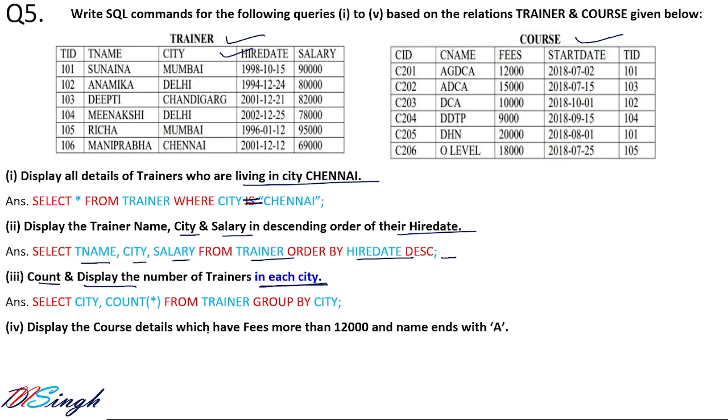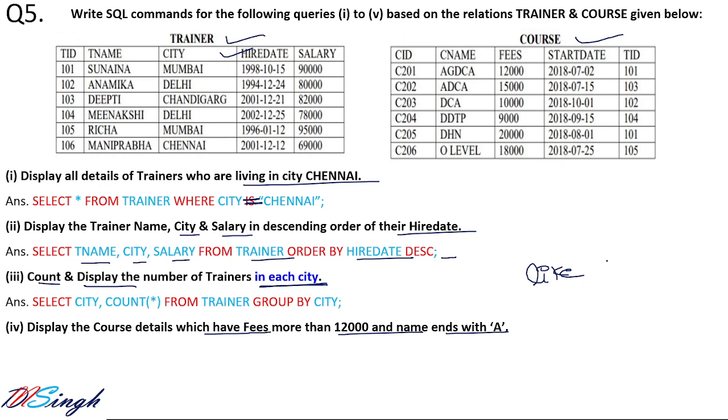Display the course details which have fees more than 12,000 and names ending with A. So how will you write? I told you already. Okay, so name, it is asking about which name? Display the course detail. Okay, it is asking about the course name.